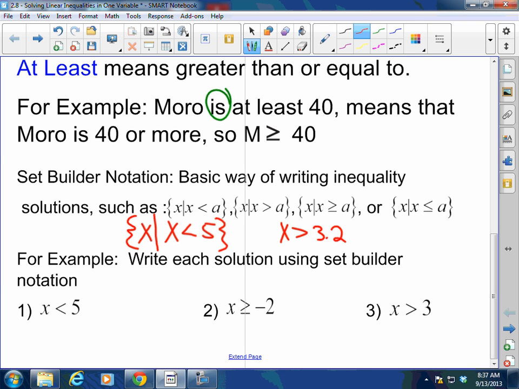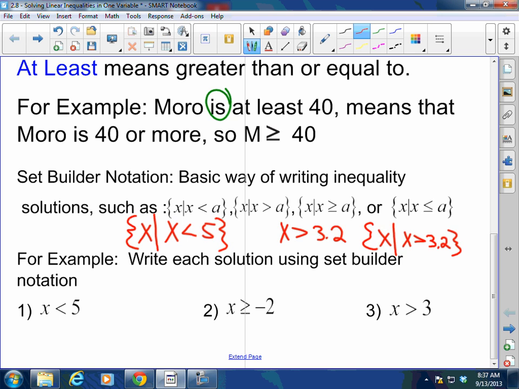I'm going to ask you to put that into both set builder and interval notation. Set builder, you go braces, the variable you're solving for, straight line down, x is greater than 3.2. Any mathematician in the world can read that. Does that make sense, gentlemen?